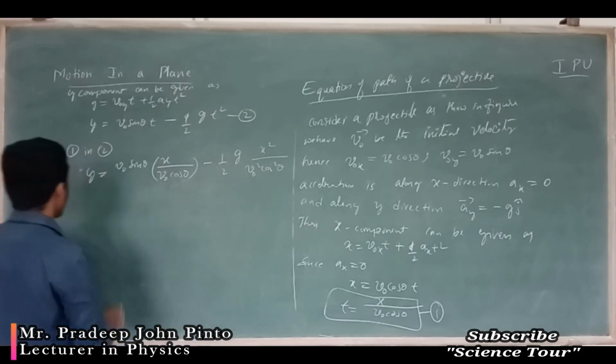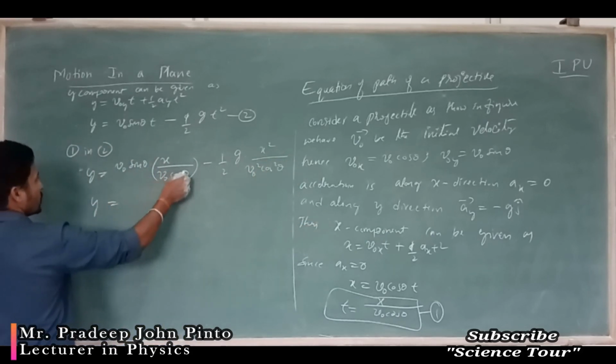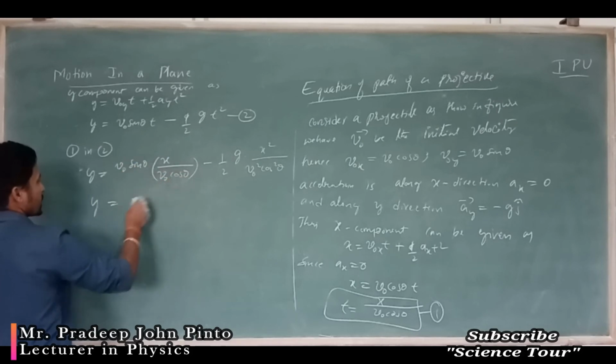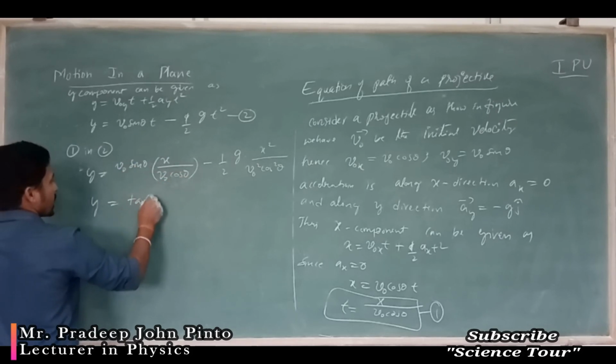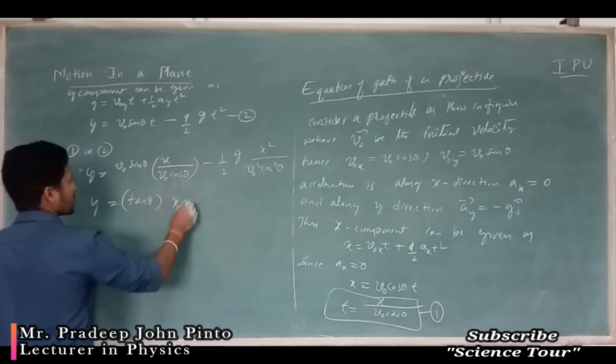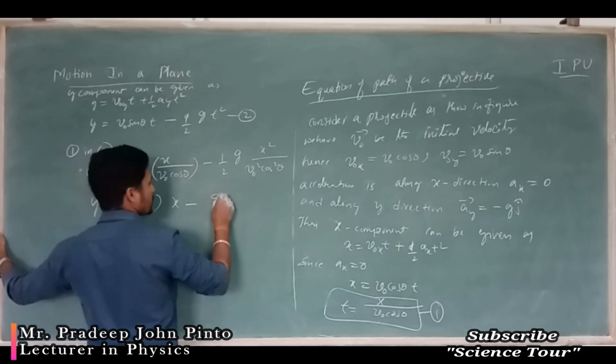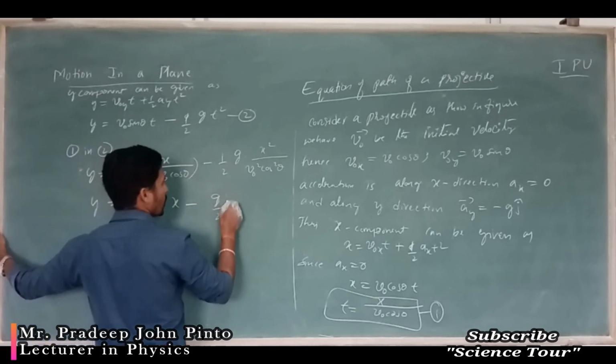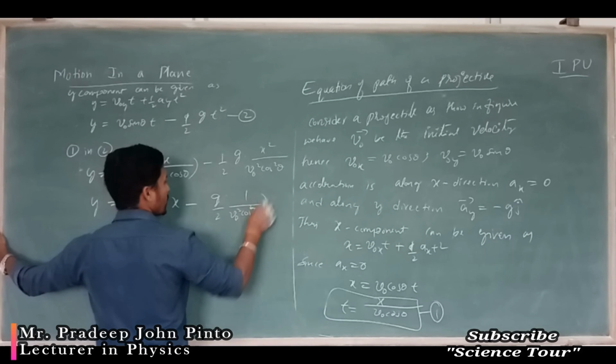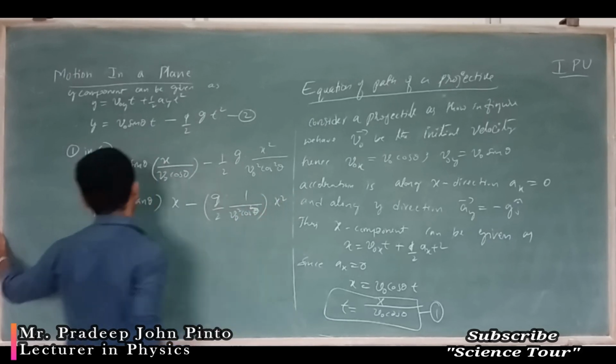So what you are going to get? Y is equal to, v naught cancels, sin theta by cos theta is tan theta into x, minus g by 2 into 1 divided by v naught square cos square theta into x square.